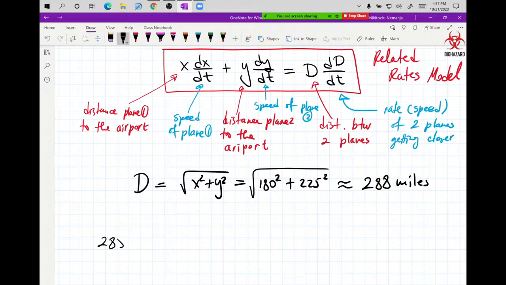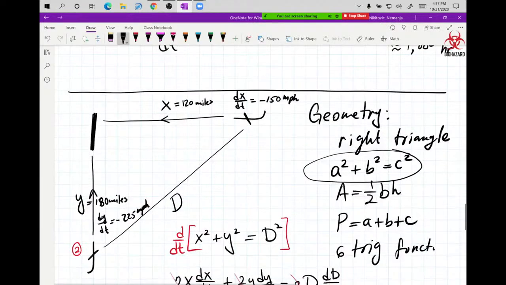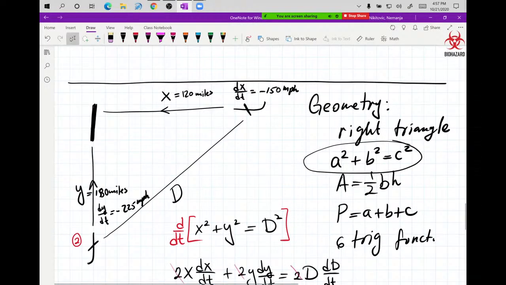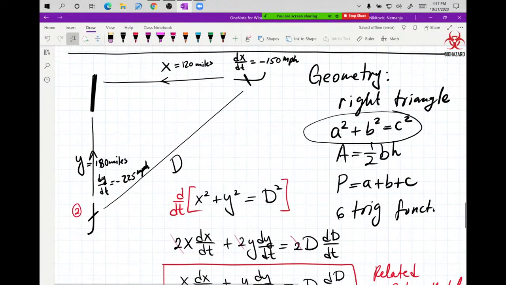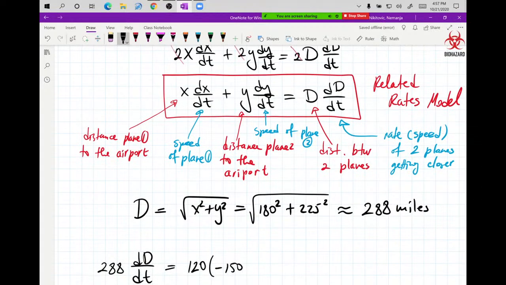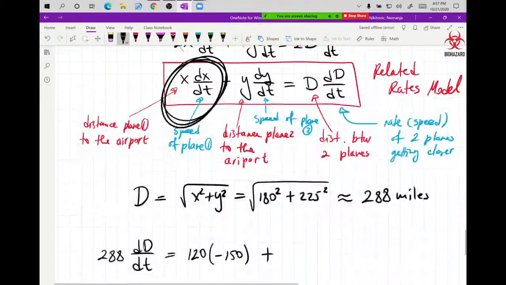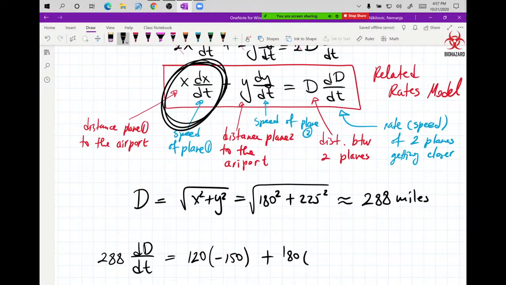You have 288 times dd/dt is equal to, well, the first one was 120 miles away at negative 150, plus the other airplane, which is 180 miles away at negative 225.